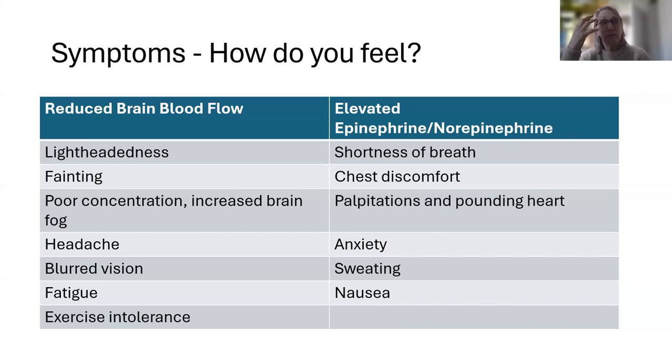The headaches are really prominent, whereas the epinephrine is all about the pounding heart, the shortness of breath, the feelings of chest discomfort and palpitations, anxiety, sweating, and nausea. So they're slightly different expressions of how you might feel. Some people get the whole lot, some people might just get one or two symptoms.